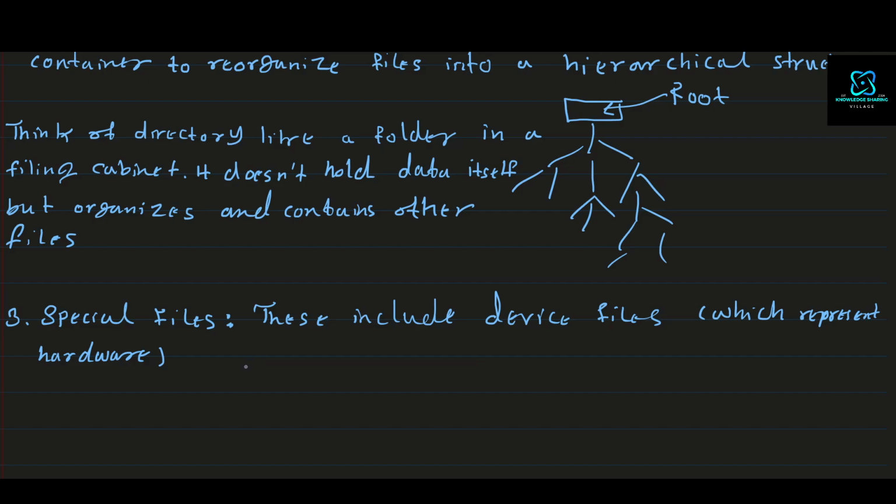With the knowledge that we have right now, we are not going to interact with them. This can be configuration files, and files that are specifically related to a hardware or the device itself. Those files are categorized in the category of special files.